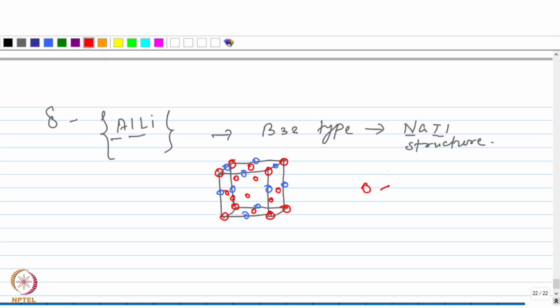Right, so this is how the structure can be defined. As I said, this is basically the B32 or NaTl type structure.